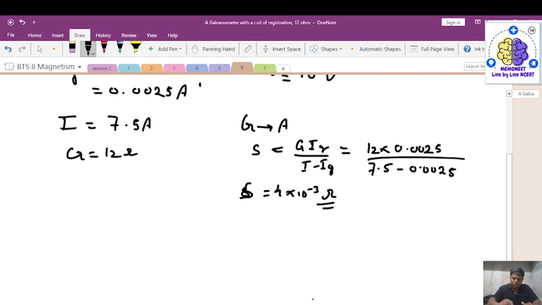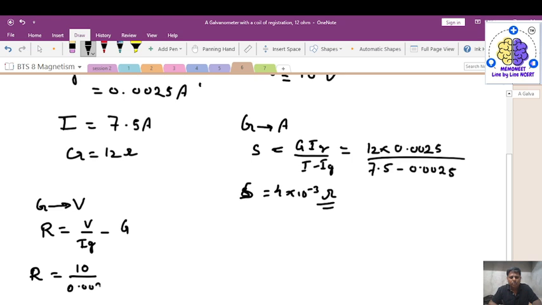Now converting it into a voltmeter. When we convert this galvanometer to a voltmeter, R is equal to V upon Ig minus G. So according to the question, R will be equal to V, that is 10 volts, upon Ig, 0.0025 ampere, minus G, which is 12 ohm, right?